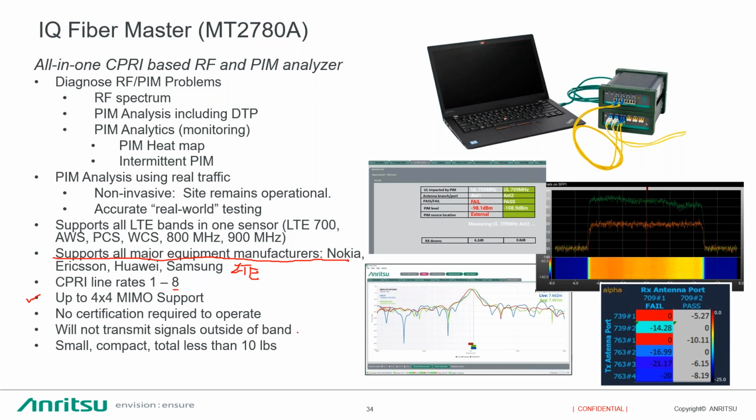So let's say you've got a scenario where the 1800 is clashing and throwing an IM product in your 700, and you need to transmit, but you don't have a particular frequency, so you're using maybe another operator's frequency, it won't transmit outside that band, because we're using the radio head to transmit. And then it's small, light, and compact, less than 10 pounds, very easy, very simple to use. You can leave it in the hut.